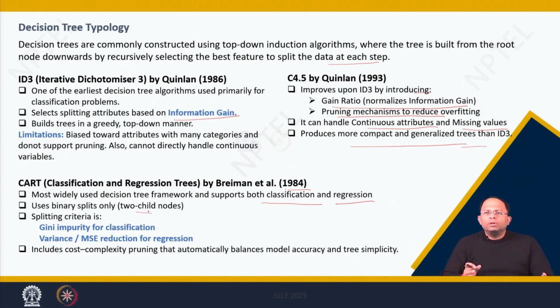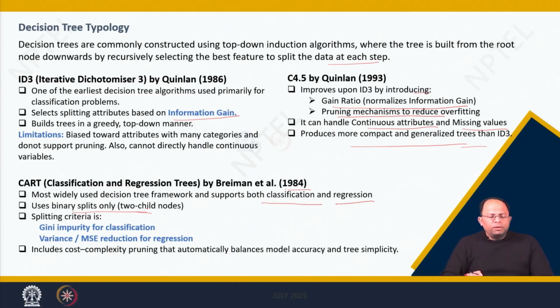That means even though there are multiple classes, I will do binary, one versus the other, and then keep on splitting. Like initially we said income greater than 50,000, then again income lesser than 20,000. So I will gradually split the data. I cannot do it all together. So we go with binary splits only, and there are only 2 child nodes. That simplifies things.